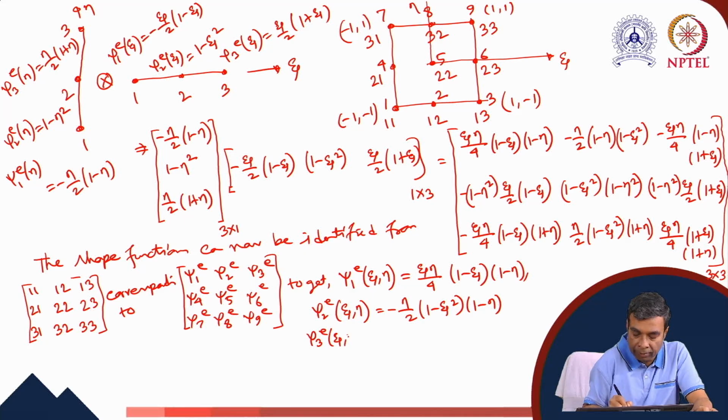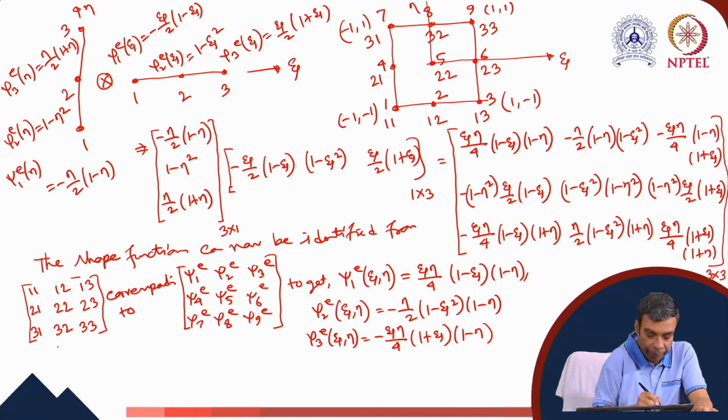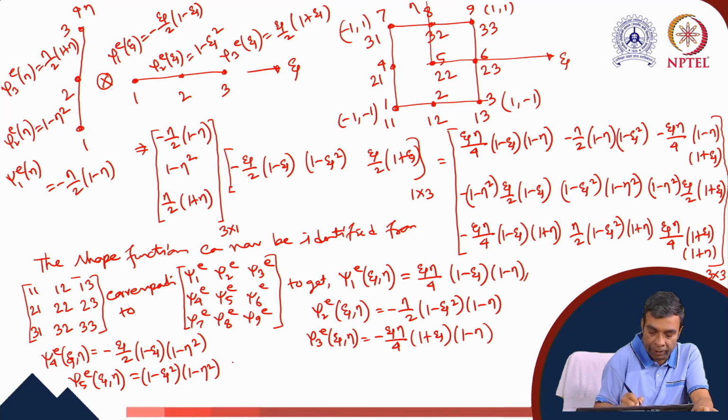Psi 3e xi eta equals minus xi eta by 4 into 1 plus xi into 1 minus eta. Psi 4e xi eta equals minus xi by 2 into 1 minus xi into 1 minus eta square. Psi 5e xi eta equals 1 minus xi square into 1 minus eta square.